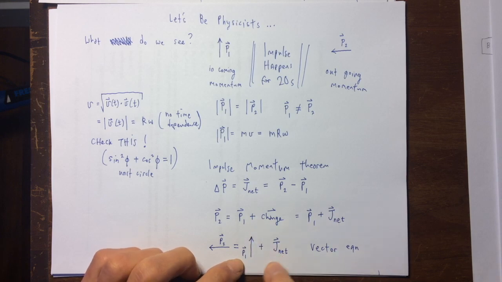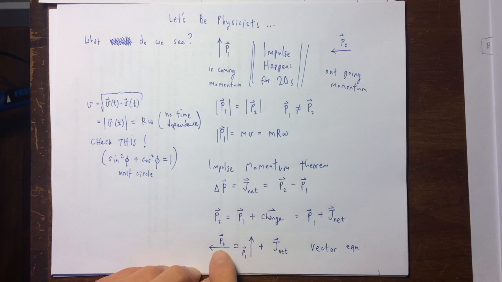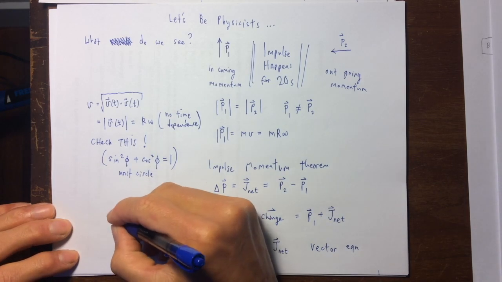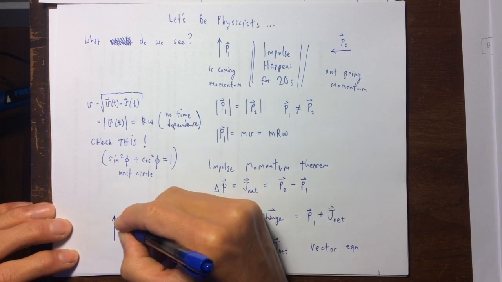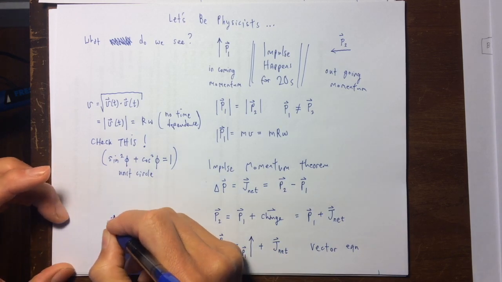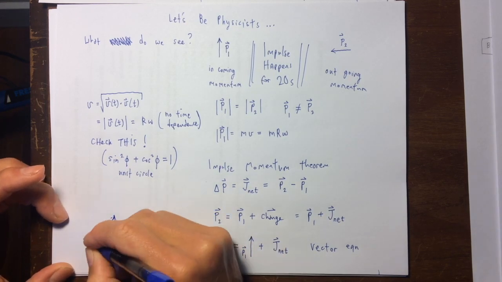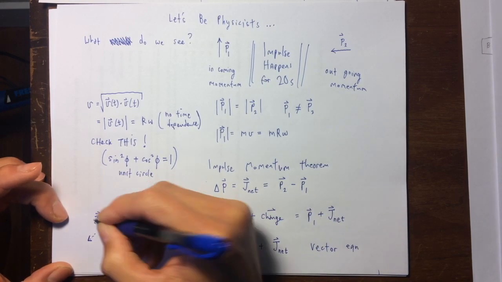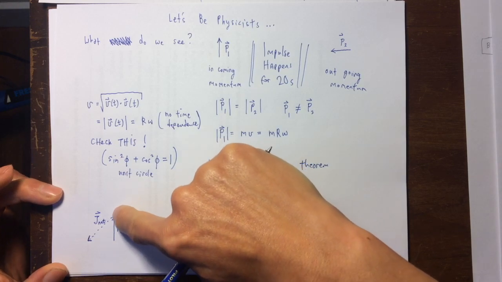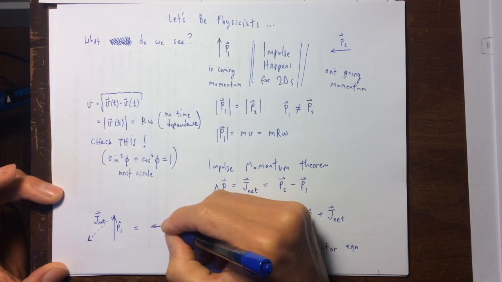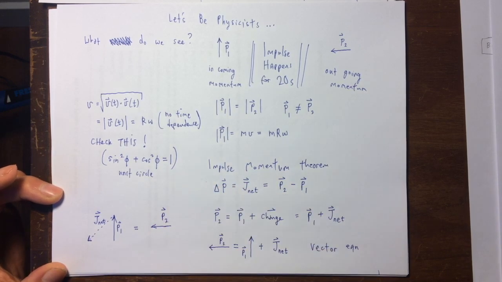And J net is the vector. If I add it to P1, I'll get P2. So check this out. If this is P1, the vector that I need to add to it is this one. Because P1 plus J net equals P2, where P2 is the arrow that sits right here.